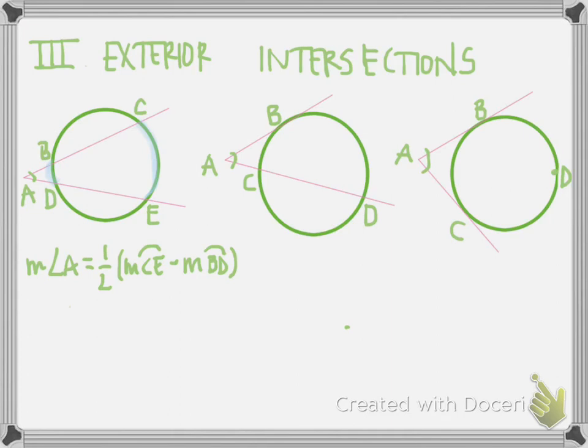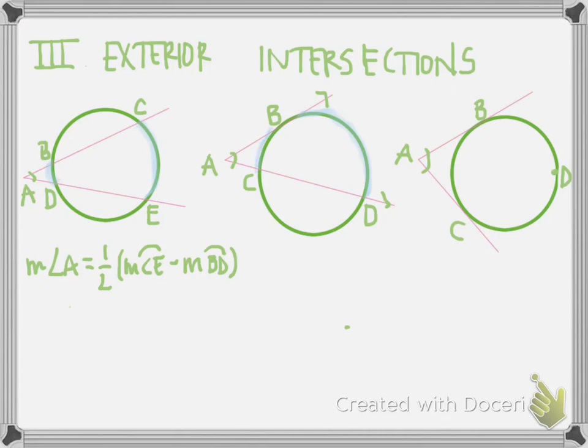Okay, so if I have a secant and a tangent, here A to B would be a tangent, and A to D would be a secant. If I wanted to find the measure of angle A, it's going to be 1/2 the measure of the arc BD minus the measure of the arc BC.